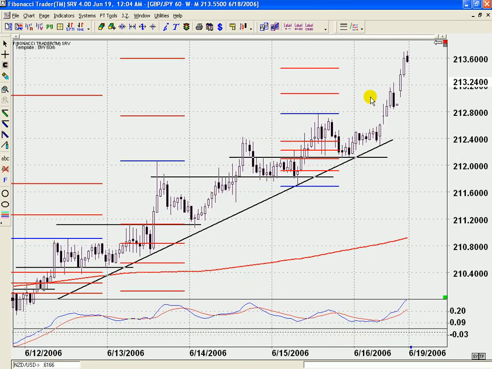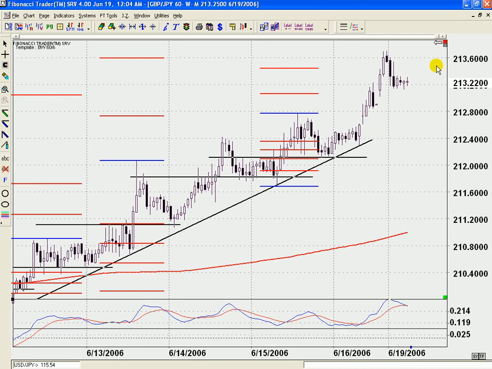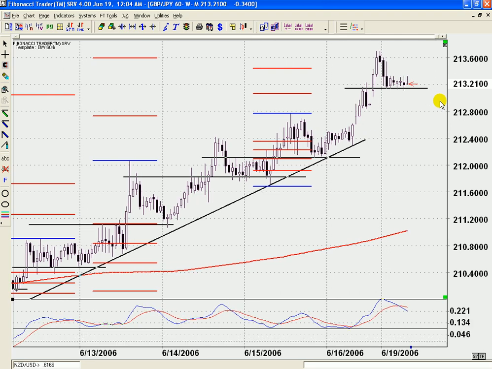And now price is doing what? It is consolidating above this very short-term support and resistance. And traders, the reason I put this in here is because this is what's actually happening right now live.